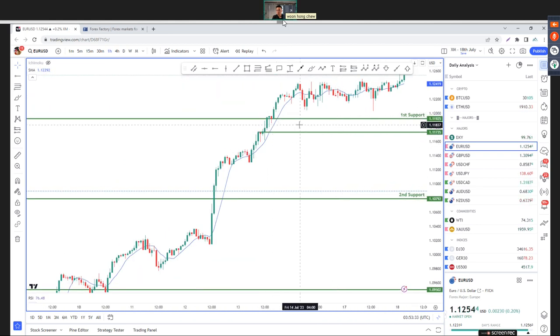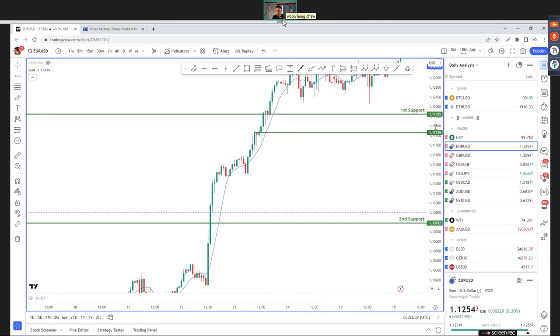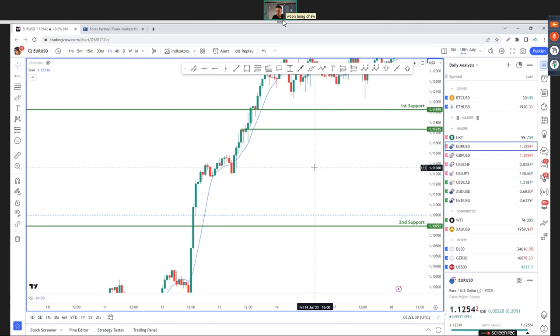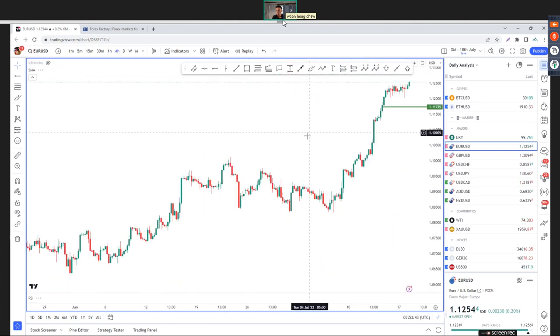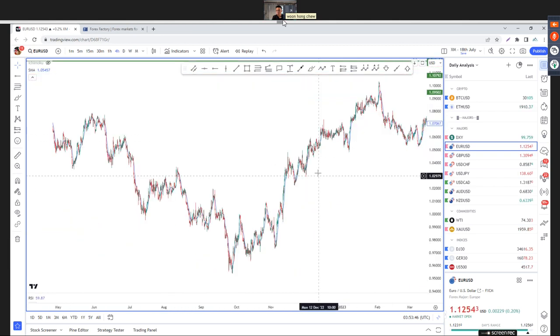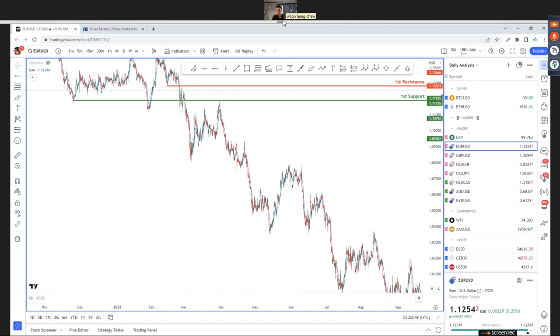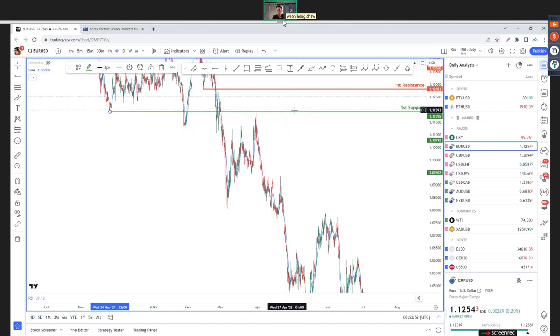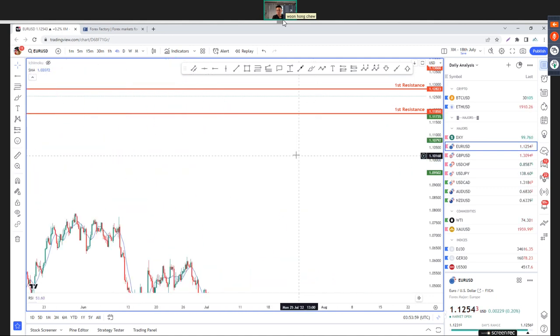And then we can see that this area was actually a resistance.